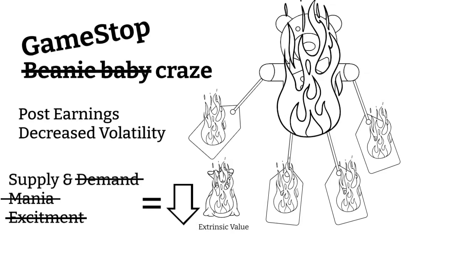But as soon as people lose that excitement, it can plummet, and there's nothing to stop it from suddenly losing half of its value. And that's what IV crush is, and it's something you need to be very aware of when you're trading stock options that have high amounts of implied volatility.